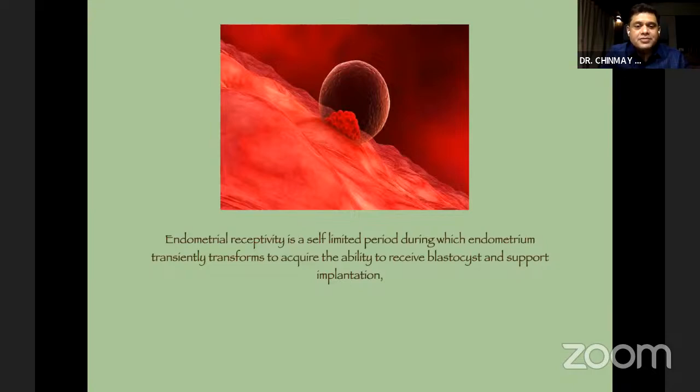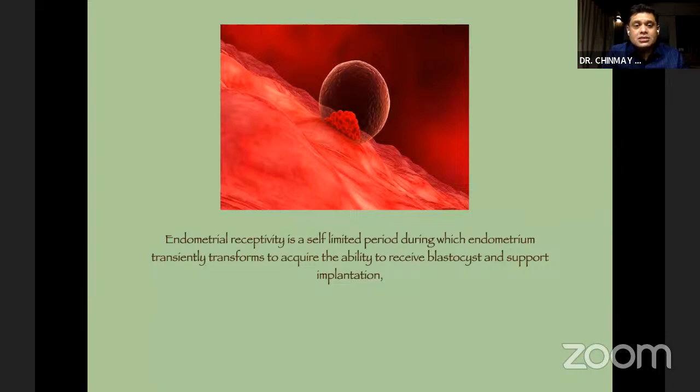What is endometrial receptivity? Now, every word is important. I want you to remember this. Endometrial receptivity is a self-limited period during which the endometrium transiently transforms. It is not a permanent transformation. It transiently transforms to acquire the ability to receive blastocysts and support implantation.